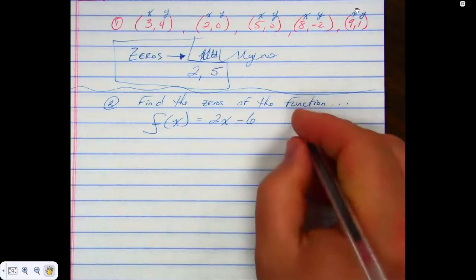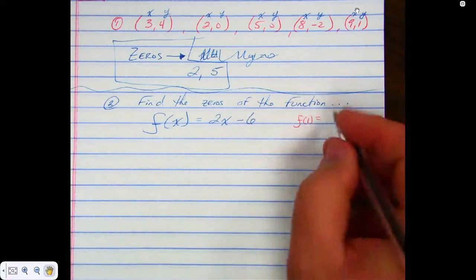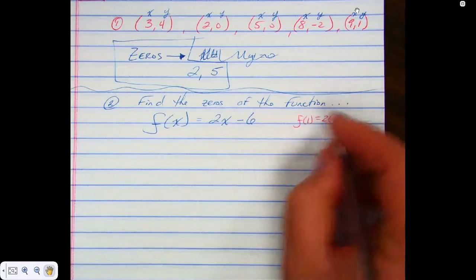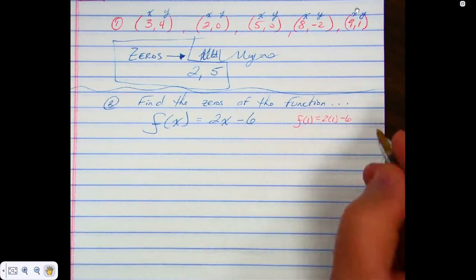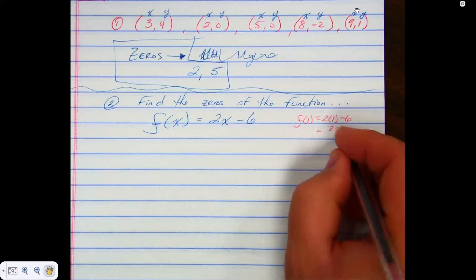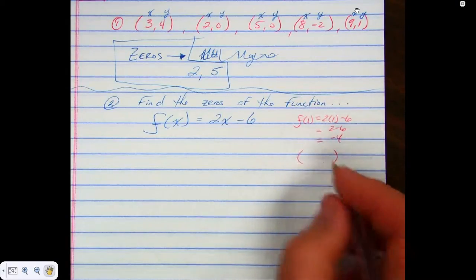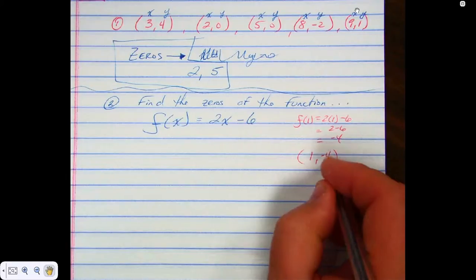When we put 1 into this machine, it becomes 2 times 1 minus 6, which gives you 2 minus 6, which gives you negative 4. If I was writing that as an ordered pair, it would be 1 comma negative 4.